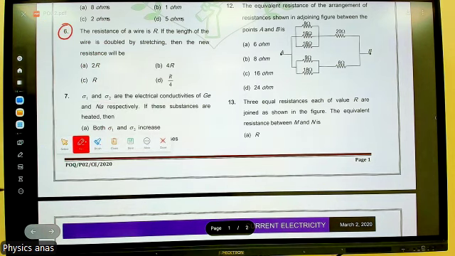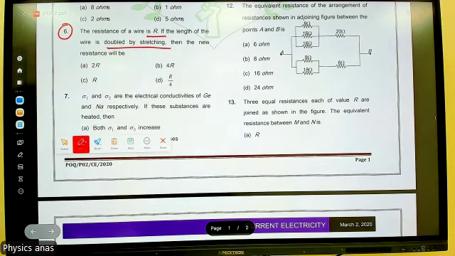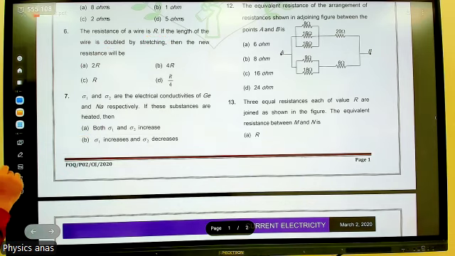Resistance of wire is R. The length of the wire is doubled by stretching. Then the new resistance will be? What is it, Amina, Neha? That is 4.